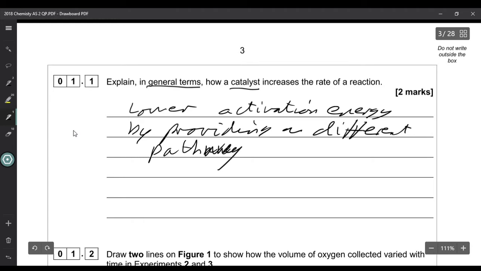So it's a standard question about catalysts, and it's a standard answer. You've got to make sure that you get in about lowering activation energy and providing a different pathway.